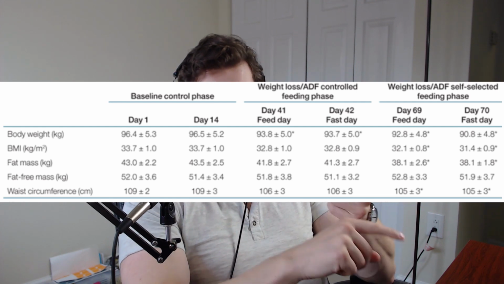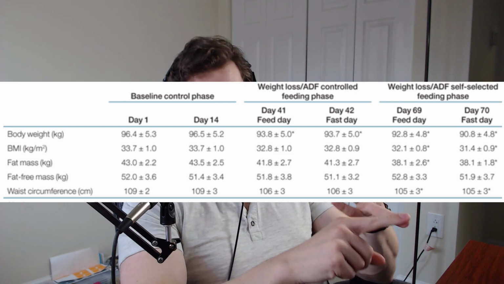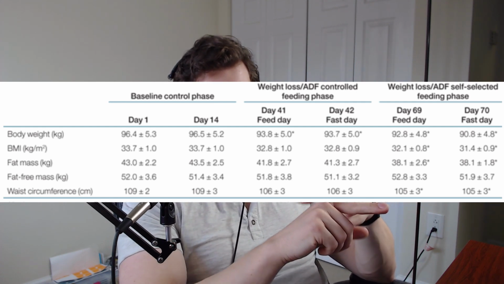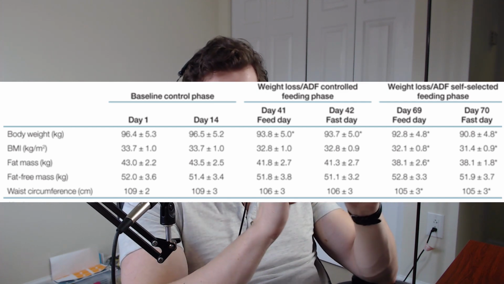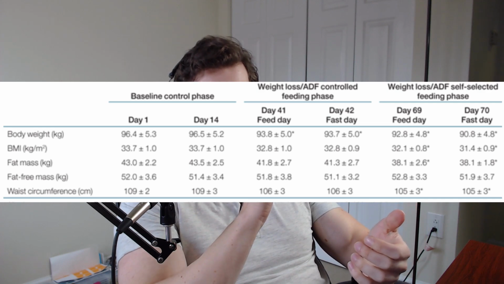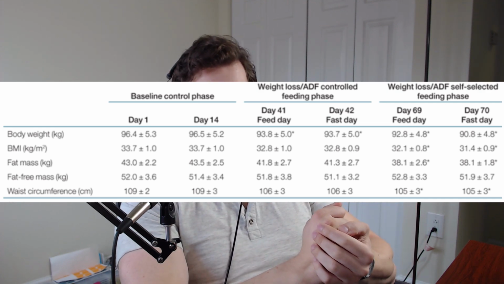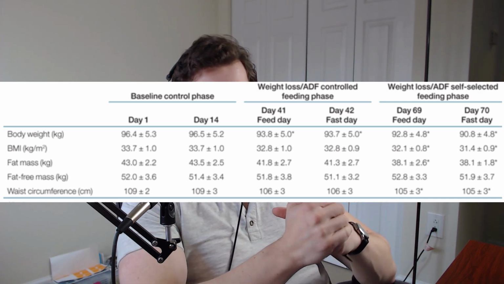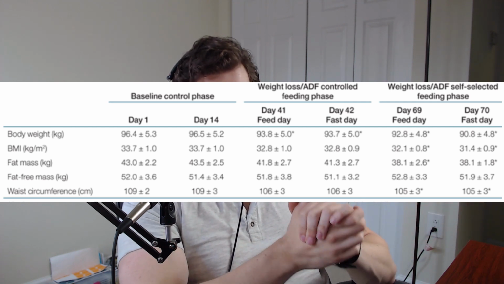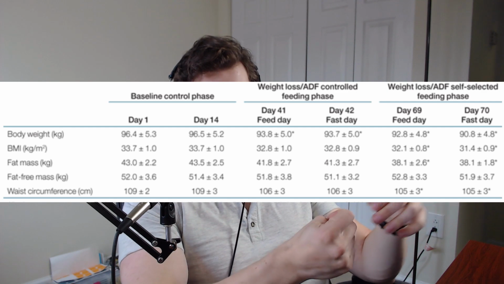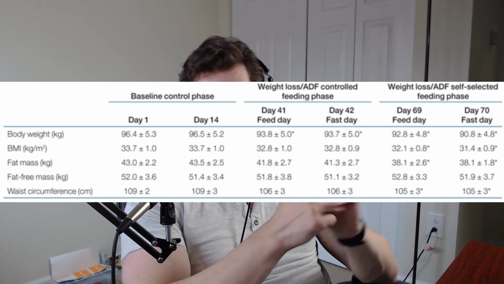That's bone, that's your organs, that's your muscle mass, which obviously makes up the majority of that. So is it specifically telling you that muscle mass is changing or not? Well, not necessarily. But if you don't see a change, then you can attribute that to no change across the board.